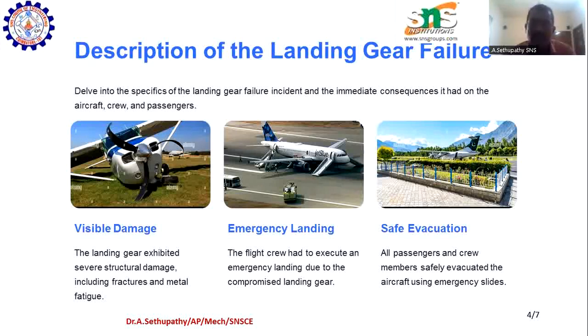So the metal selection is very important. Emergency landing: the flight crew had to execute an emergency landing due to the compromised landing gear. Then safe evacuation: all passengers and crew members safely evacuated the aircraft using emergency slides.